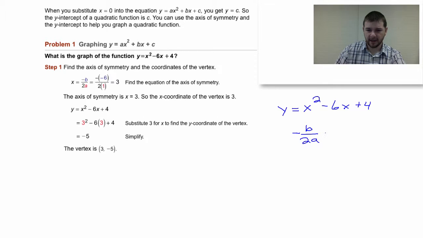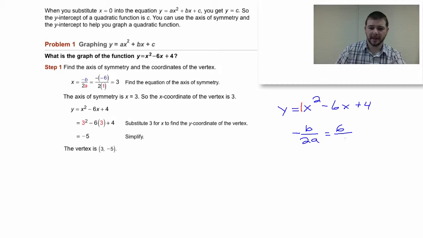Negative b over 2a in this case will equal, be careful, b itself is negative 6. So now we're talking about the negative of negative 6, which of course is positive 6 over 2 times a. Even though we don't see a written here, the coefficient of our quadratic term, it's a 1.